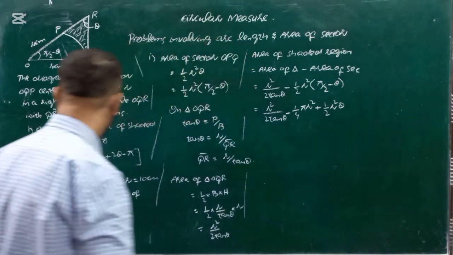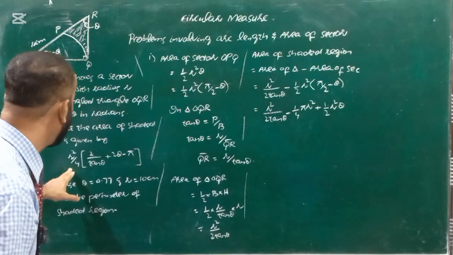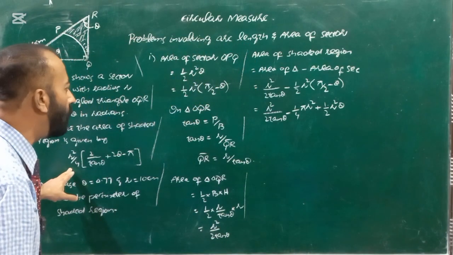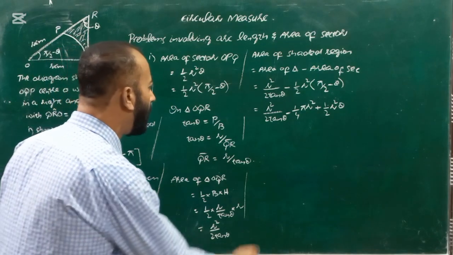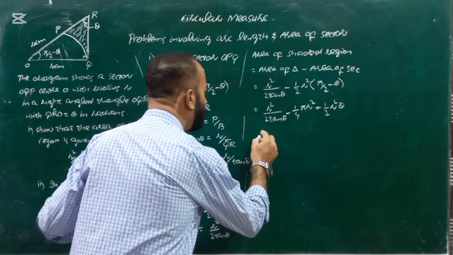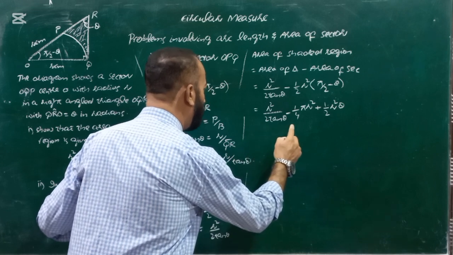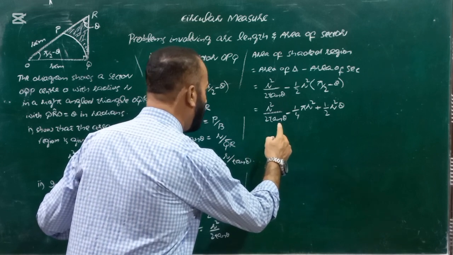Now we have to prove this equal to r square over 4 times this.